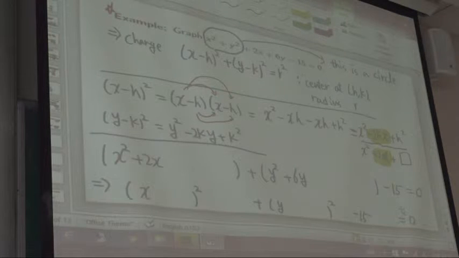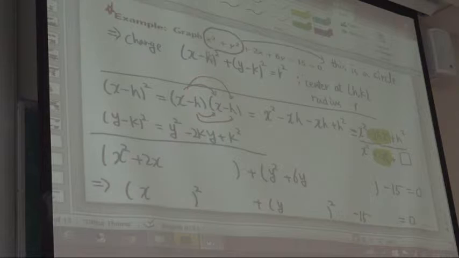What happened is, we are going to change the given equation into x minus h squared plus y minus k squared equals r squared. It can be a plus instead of negative, it doesn't matter. Anyway, we want to make the x part and the y part into the complete square format.